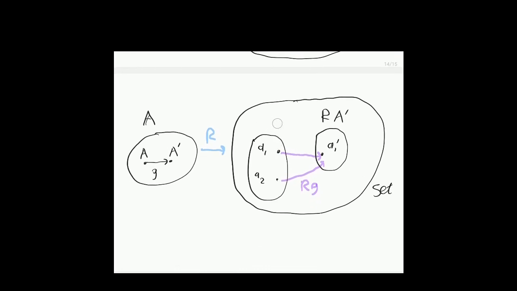If we just rub out these bubbles, and then we label these with the objects of script A that they're associated with. So these come from A, and this comes from A dash.